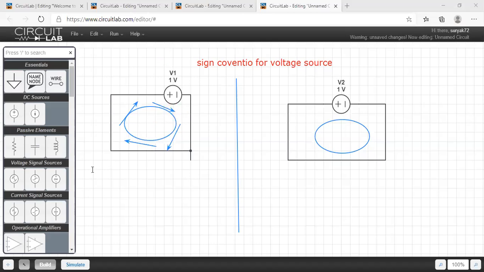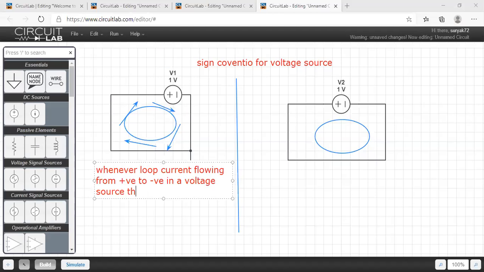Then you can write one sentence here: whenever loop current is flowing from positive to negative in a voltage source, then the sign convention is minus V, a negative sign, simply minus V.